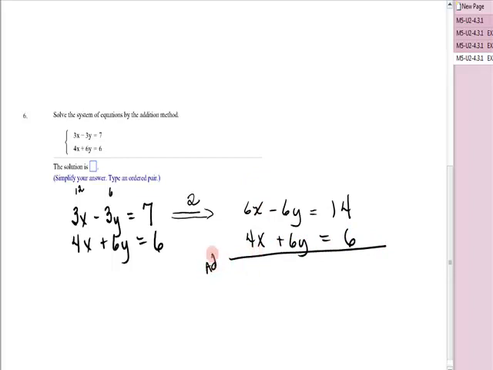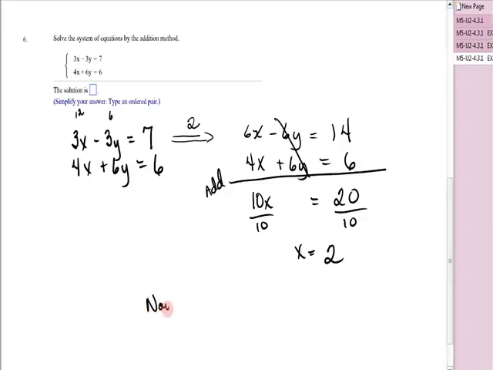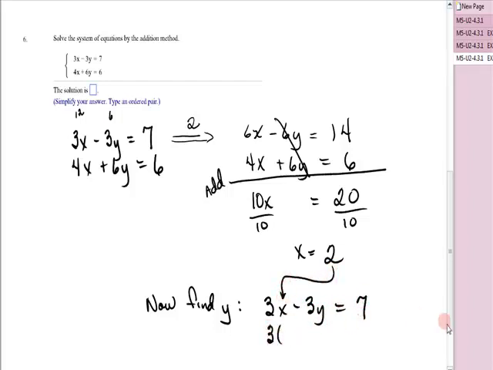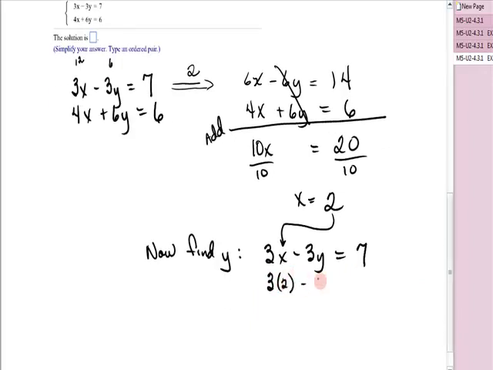Add. That gives me 10x, those are gone, is equal to 20. Divide by 10. X is equal to 2. Now find y. I'll just grab the first equation. 3x minus 3y is 7. That's 3 times 2 minus 3y is equal to 7. 6 minus 3y is equal to 7.